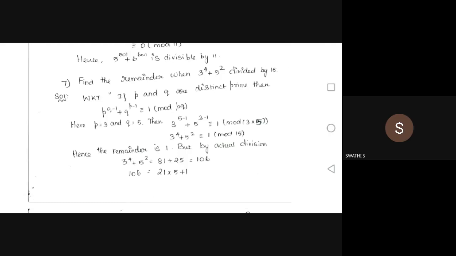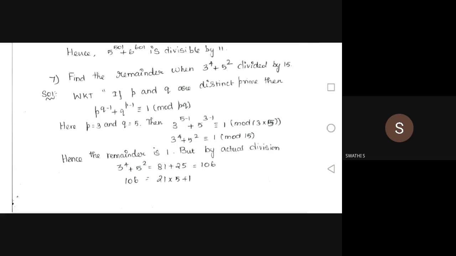If P and Q are distinct primes, then P power Q minus 1 plus Q power P minus 1 is congruent to 1 under mod P into Q. Here P is 3 and Q is equal to 5.